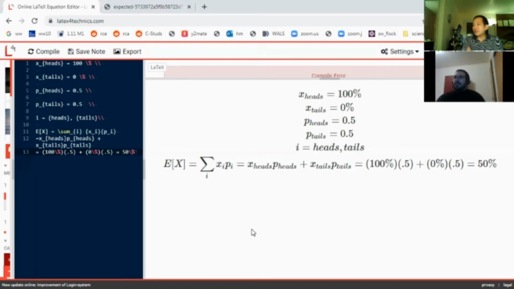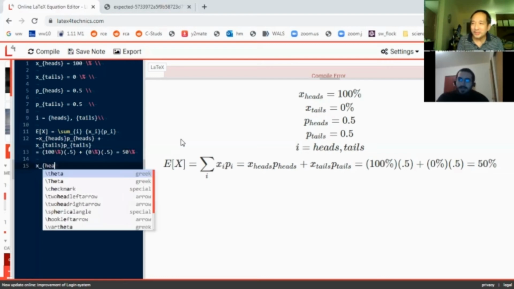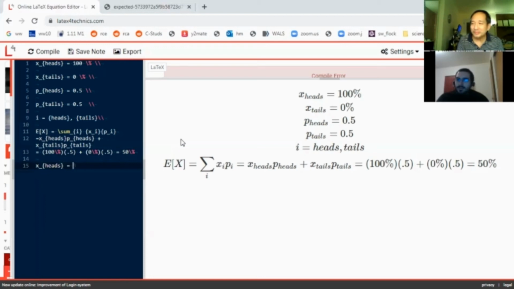So this is why the importance of expected value. Now, I can extend this idea to casino games if you like. If, for example, we made X heads equal to, I'm just going to pick a number, 1 X heads equals, let me see.